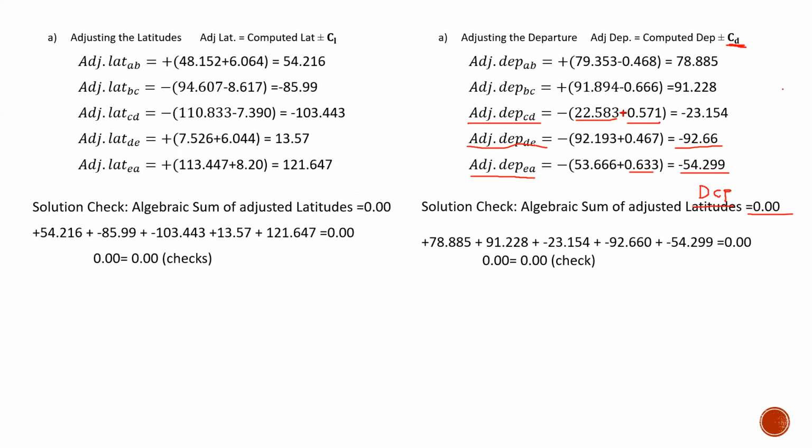So add lang natin 78.885 plus positive 91.228 plus negative 23.154 plus negative 92.66 plus negative 54.299, that is equal to 0.00. Tama ba? 0.00 talaga?